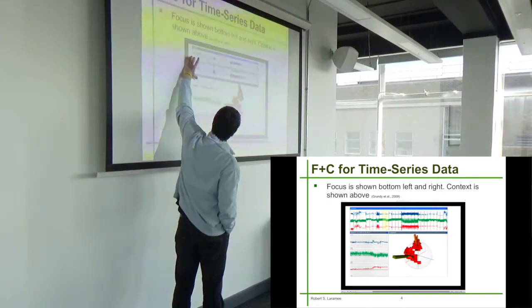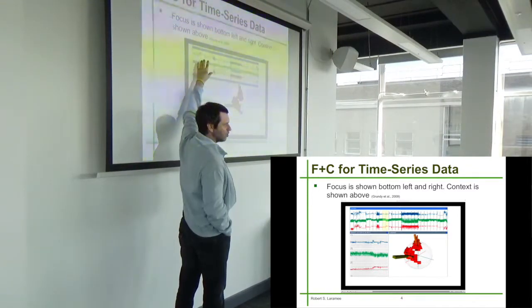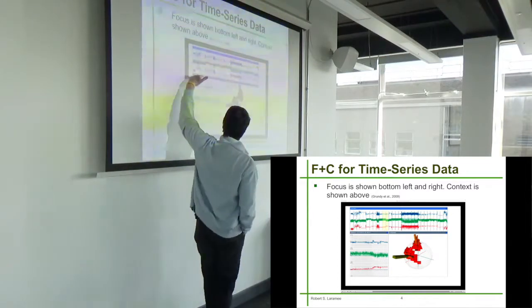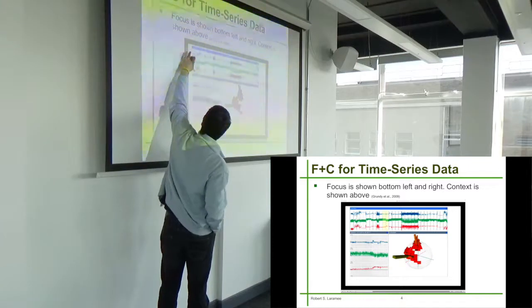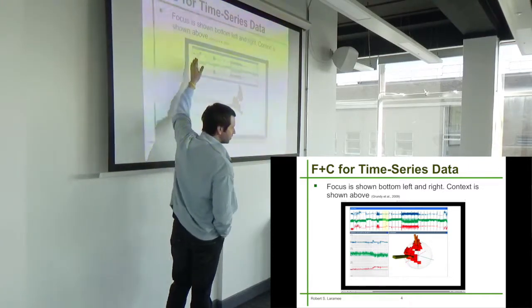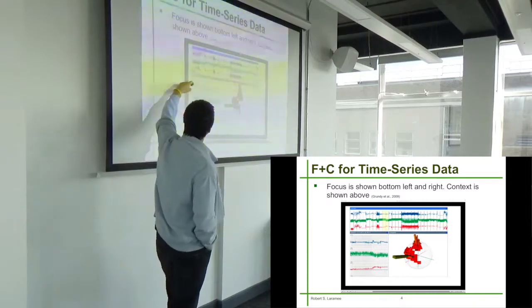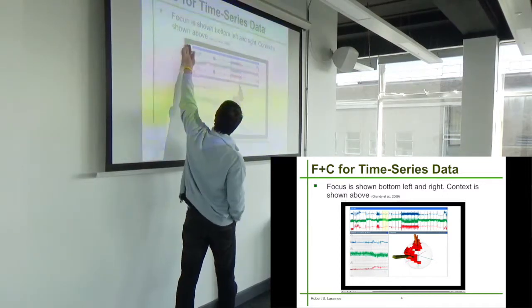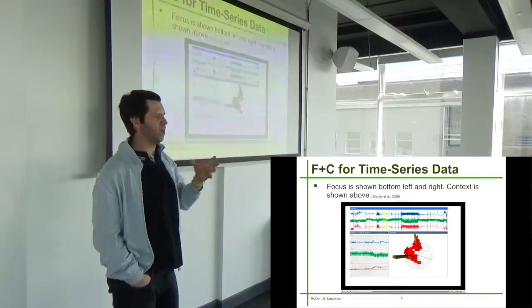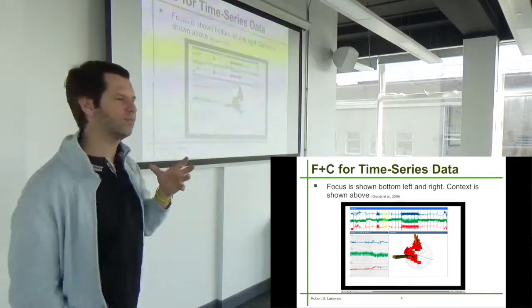Here we have a time series plot. Time is on the x-axis, and there are x, y, and z components of acceleration on the y-axis. So it's time versus amplitude in this plot. That's a standard time series plot.